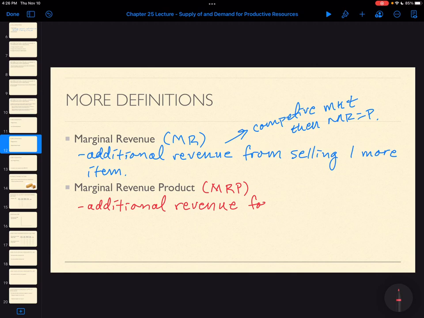So marginal revenue product is the additional revenue from using one more input. I say input because it could be a machine, but the easiest way to think about it is in terms of a worker. The example here would be you hire one more worker.